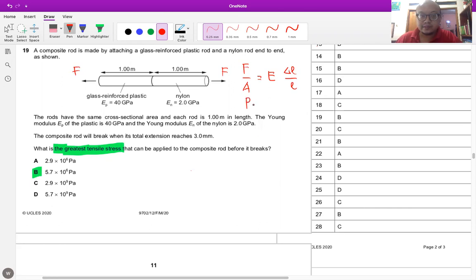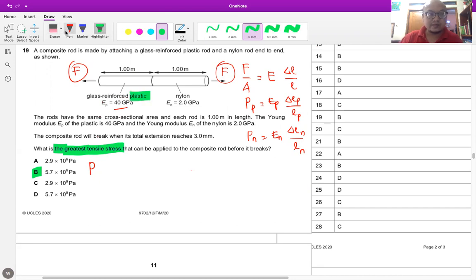So let's say P of plastic is A plastic, Young modulus, delta L of plastic over L plastic. And also P of nylon, A nylon, delta L nylon over L nylon. Okay, no, because this is on different sides. So the greatest one is for P, and this is from plastic.